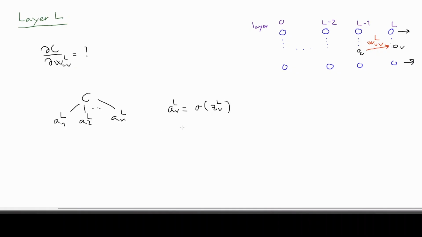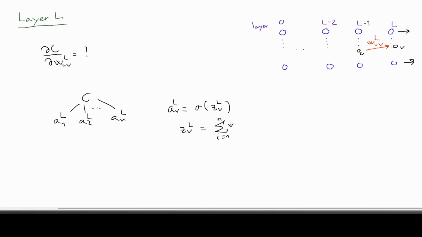And a weighted input was given as the following linear combination, where you take the activations from the previous layer, that is layer L-1, you scale them, and then you add a bias term to the vth neuron.